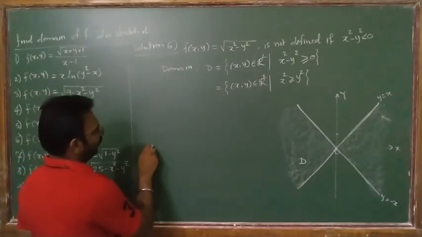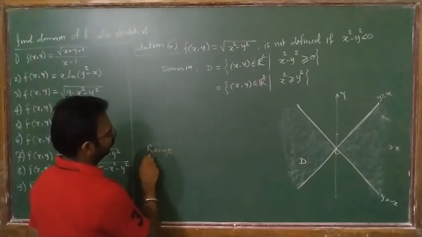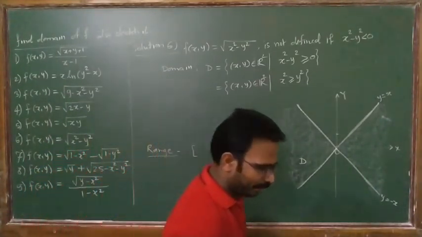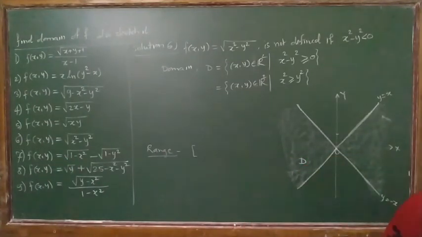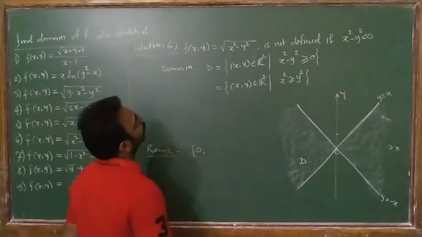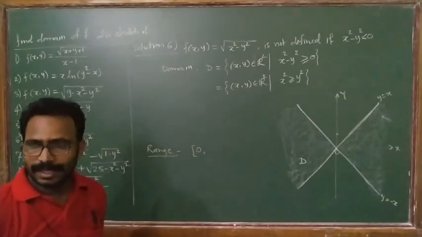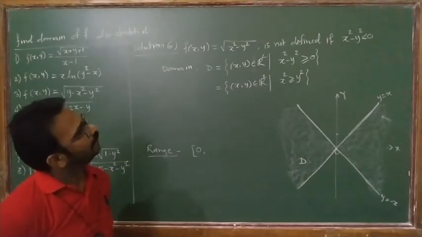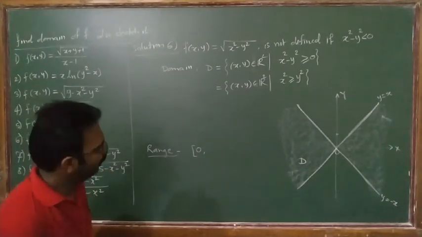And again, what will be the range? By the same logic, the minimum value of x square minus y square should be 0. So the minimum value of the function will be 0 and the maximum value, the largest value, depends on the values of x and y, and this can be enlarged.